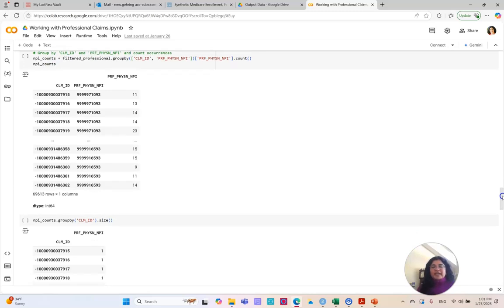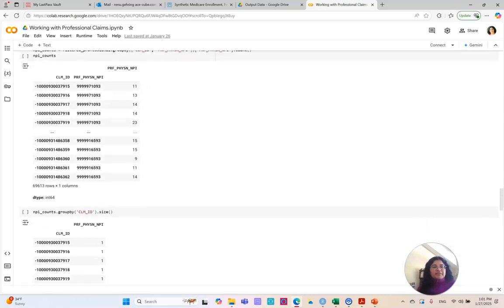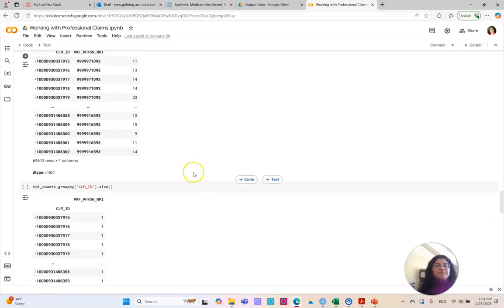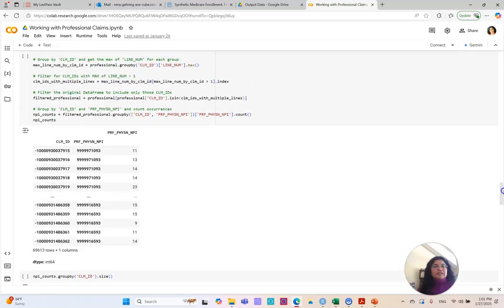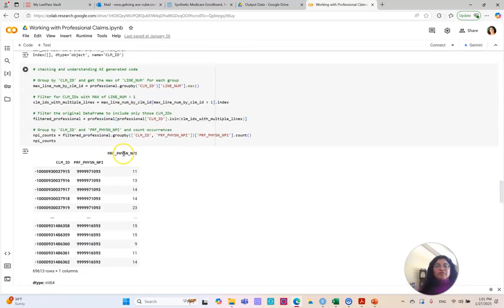And then after that, what AI is doing is grouping my above object by claim ID. So now it's ignoring the performing physician NPI, it's grouping by claim ID, and then it's looking at the size. So this was actually pretty interesting because once you group it by claim ID, if there were two performing physician NPIs, the size would not be one, it would be two.